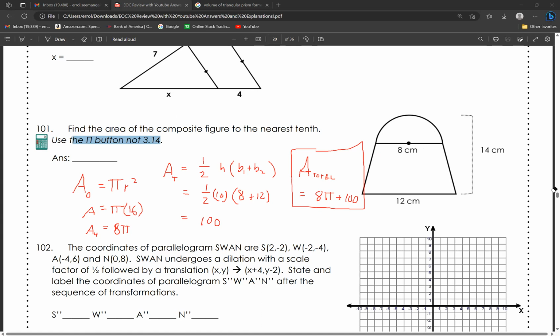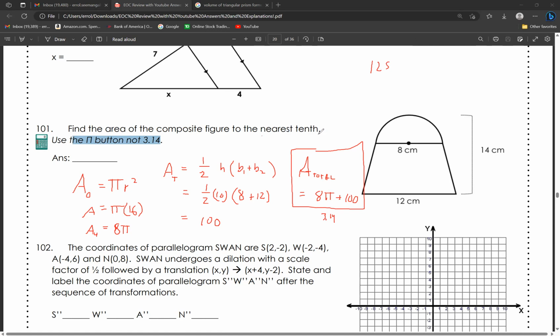The page is 20. Oh, she got 125.1. Well, yeah, she just put 3.14 in here. See what it says?